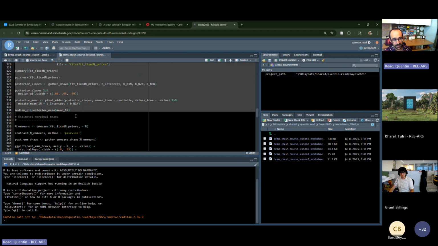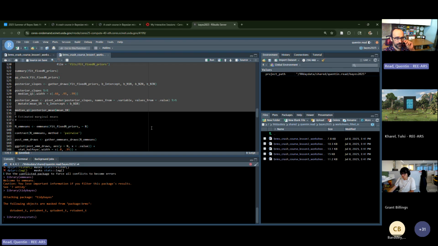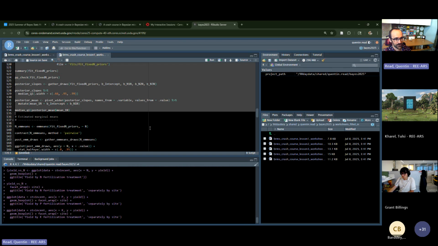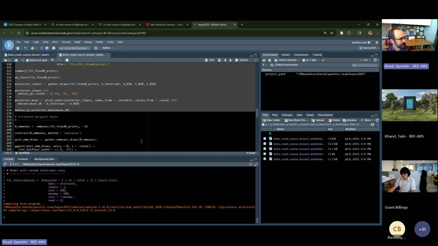So you can highlight everything up to that point, and then either click the Run button or hit Control Enter on your keyboard, and it will run. At least 1 or 2 of these models has to compile, so this might take a minute to run, but it should be relatively quick.